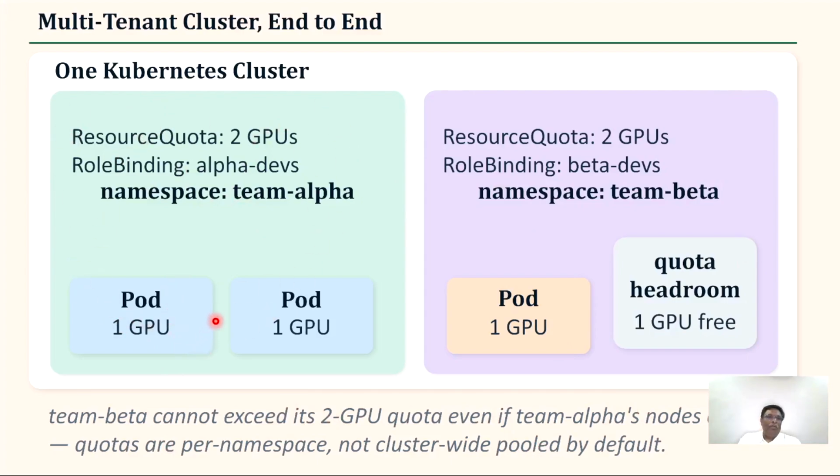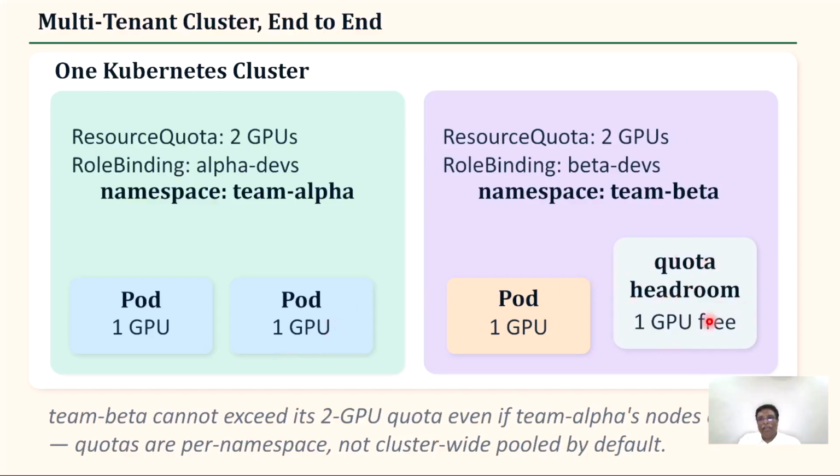There is a namespace called team alpha, and another namespace called team beta. Here there is a resource quota of 2 GPUs, and for team alpha there is one pod which has 1 GPU and another pod which has another GPU.